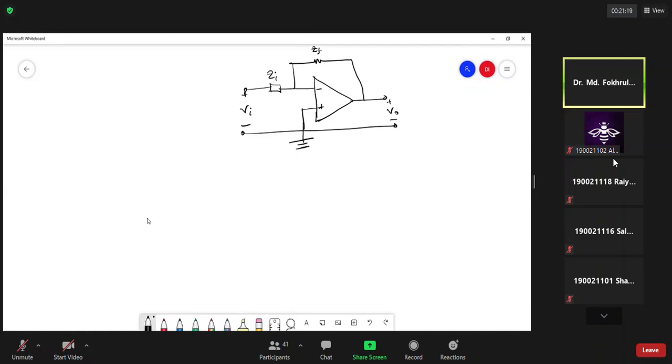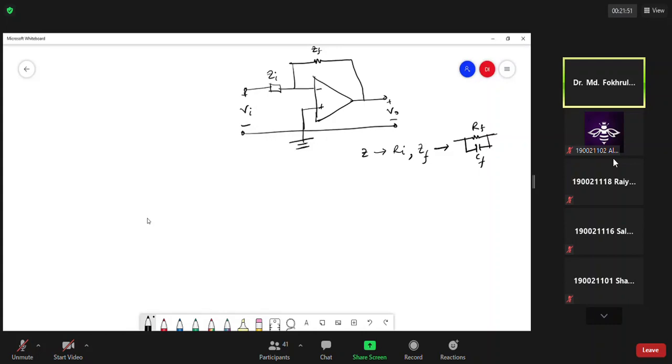Suppose Zi is replaced by Ri, and ZF is replaced by a parallel circuit of RF and CF.